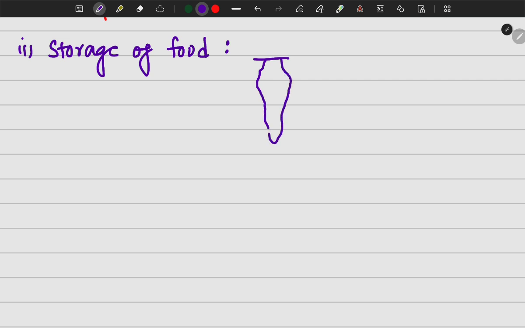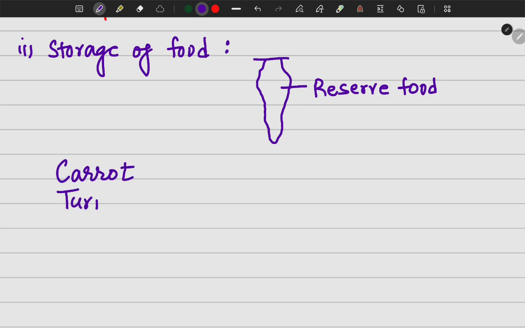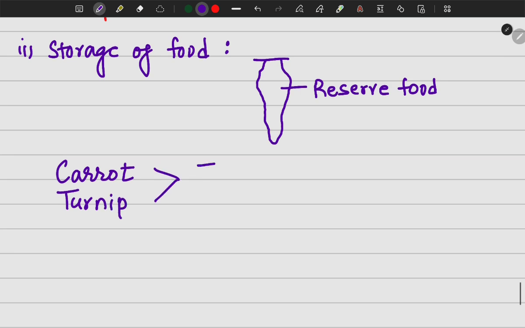It grows in size because it stores reserve food material. Examples of roots which carry out storage of food are carrot and turnip. These are examples of tap roots.